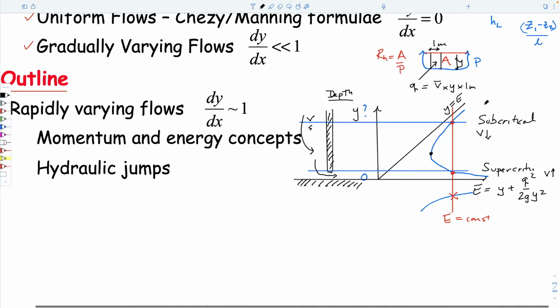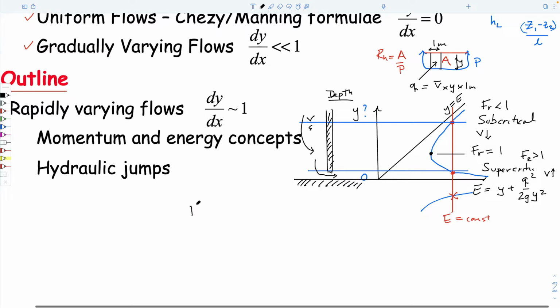So subcritical flow would be the Froude number is less than 1. Critical would be a Froude number equal to 1. A lot of stuff going on in this diagram. And this would be a Froude number greater than 1.